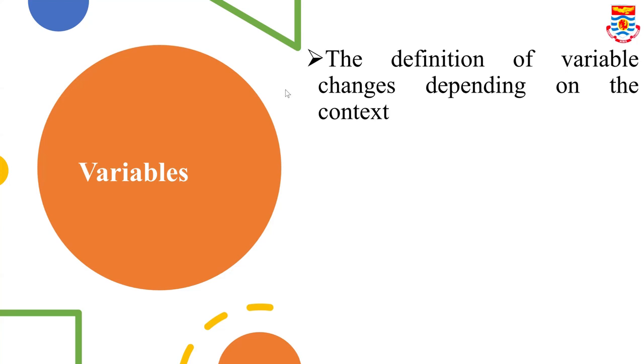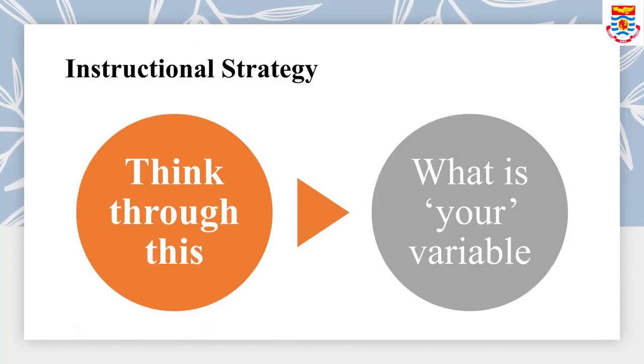So, a definition. The definition changes depending on the context. But in our context, whether descriptive statistics or inferential statistics, we will still have a variable that we want to consider.